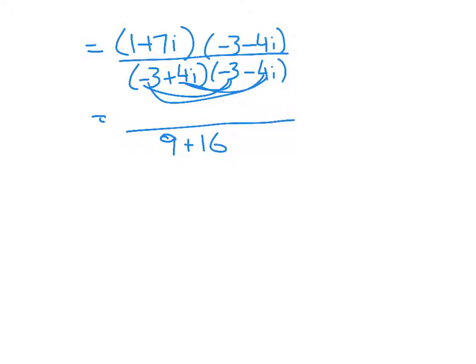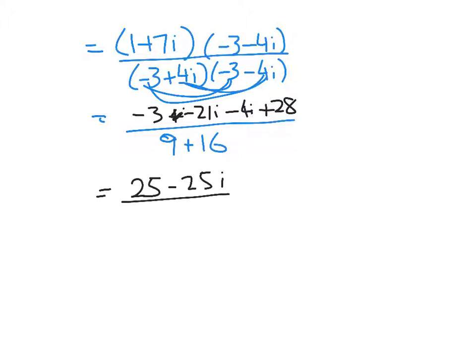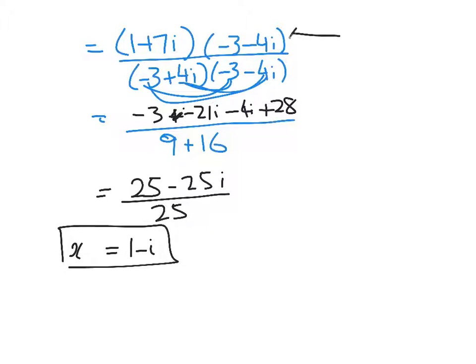And in the top line, just expanding out carefully, we've got negative 3, minus 21i, minus 4i, and plus 28. So just be really, really careful that you don't have any problems with negative signs. It's very easy to do. I guess usually you're going to get a nice answer. So here we get a lovely answer for x. x is equal to 1 minus i. So just always check back if it doesn't work out well that you haven't mucked something up in here.